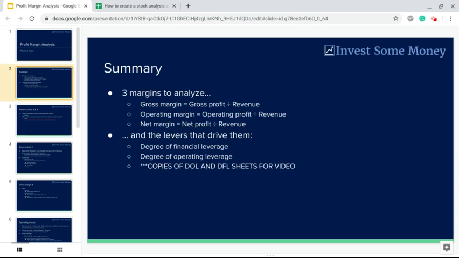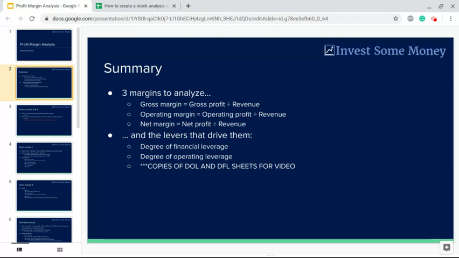To summarize to begin with, for those who don't have a ton of time and maybe are unsure whether they want to watch the whole video, basically there are three margins to analyze. Depending on how much business experience and investment analysis experience you have, you're probably familiar with these, but we'll go over them real quick.